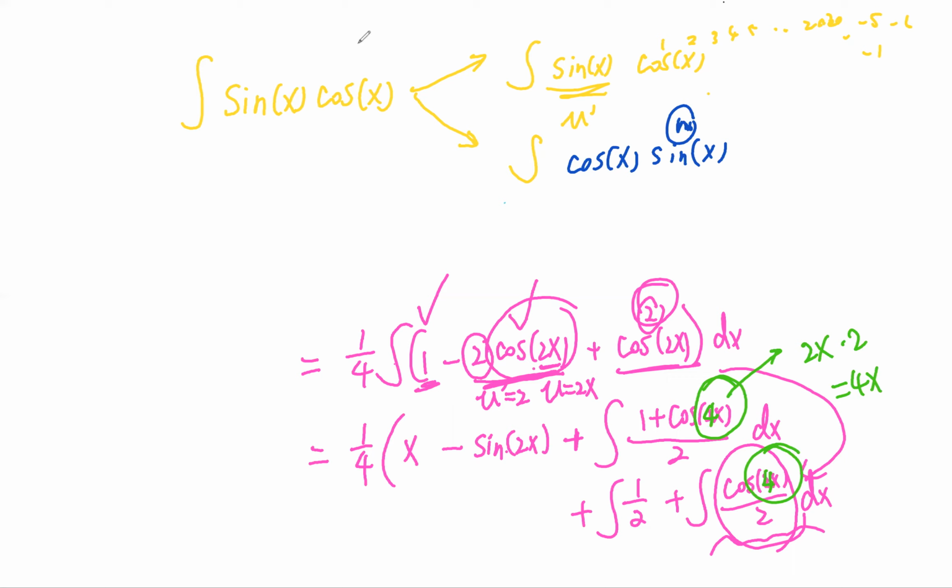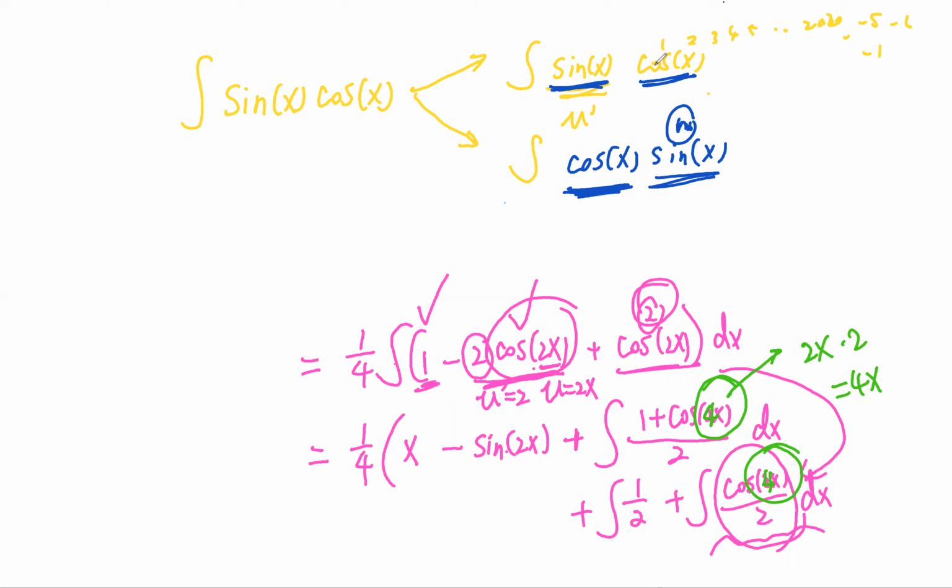If this is our base, the derivative of cosine is negative sine. It's already prepared for you. If we have sine as the base, the derivative of sine is cosine. It's already prepared for us. This is basically the power function form to use.